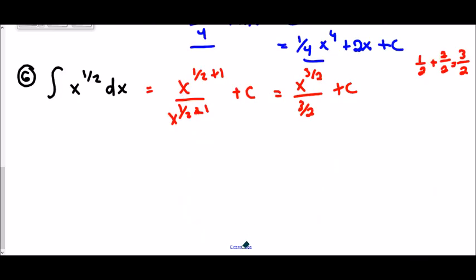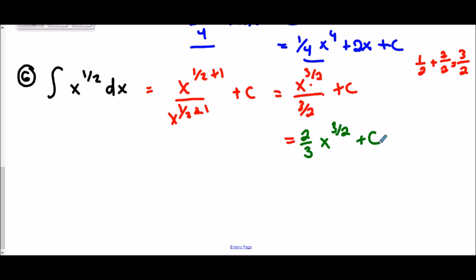So you would keep the top, change division to multiplication, and flip that fraction. So when we get our answer, instead of 3/2, it would be 2/3 x to the 3/2 plus C. Okay.